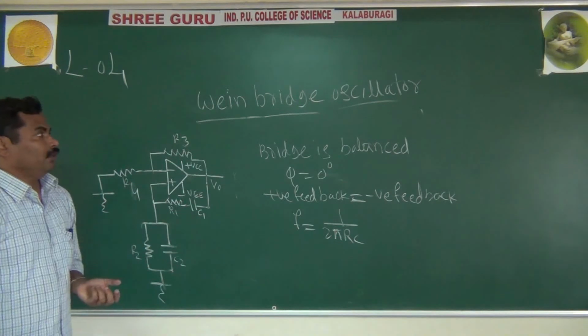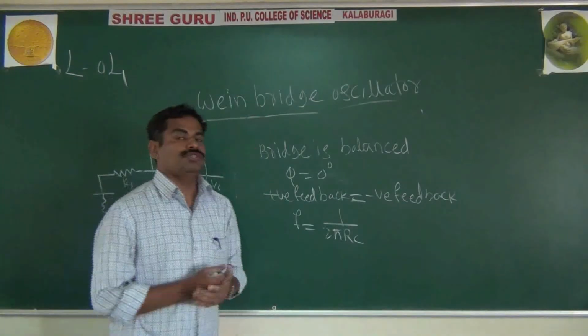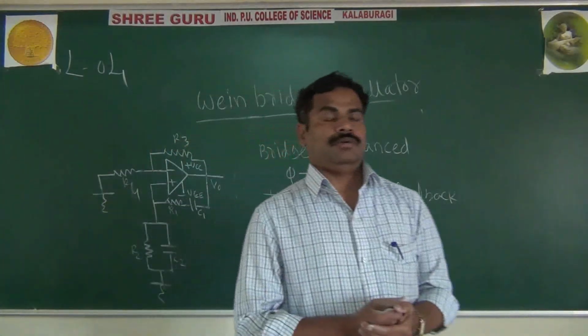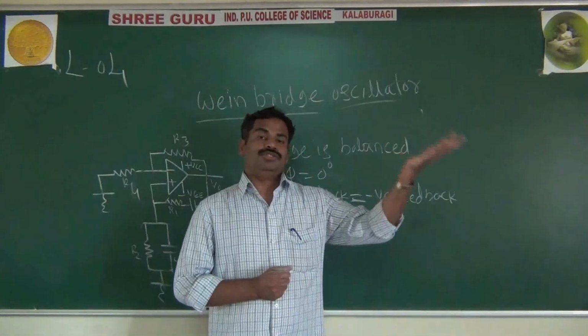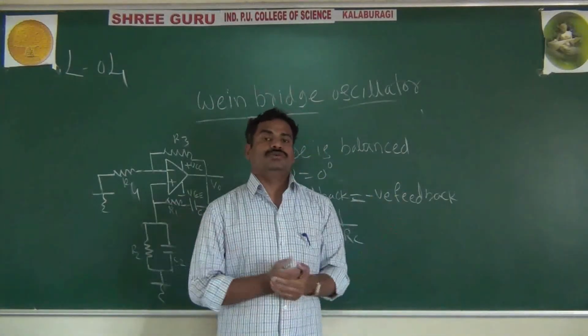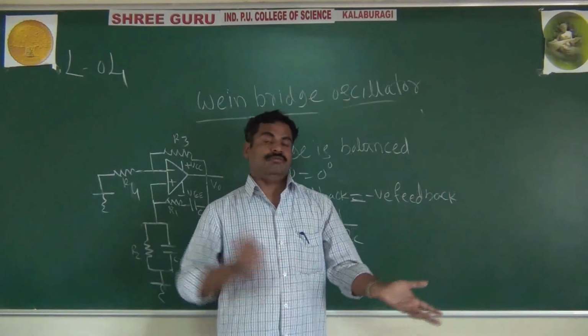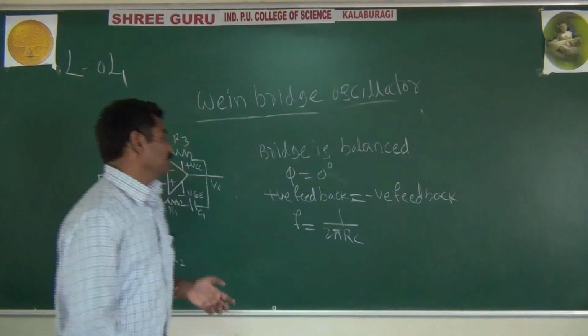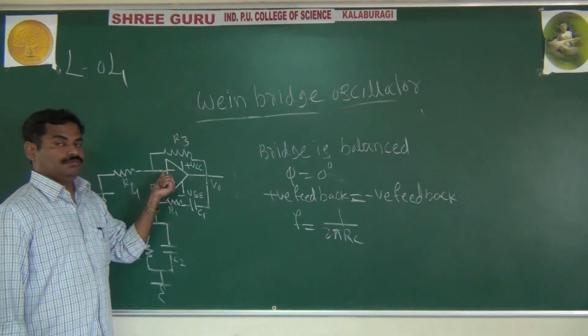In the Wien bridge oscillator you are using both positive and negative feedback. When you use an op-amp amplifier, it is normally not possible to give positive and negative feedback simultaneously, but in the Wien bridge oscillator you are giving both simultaneously.